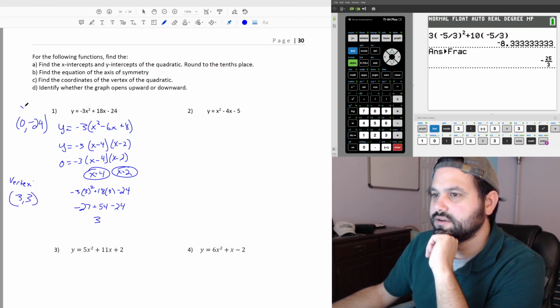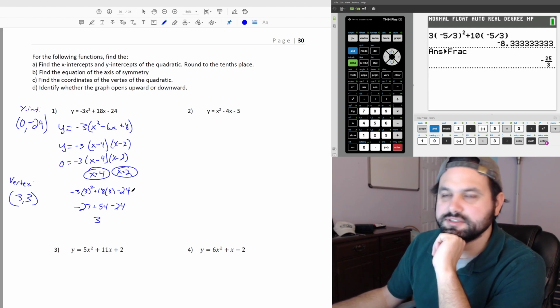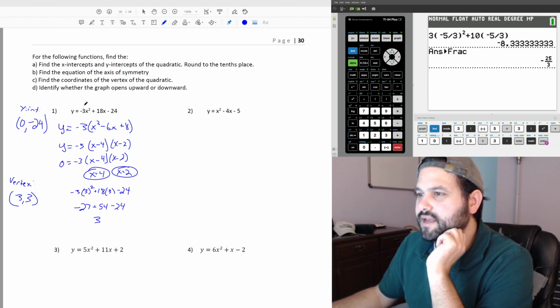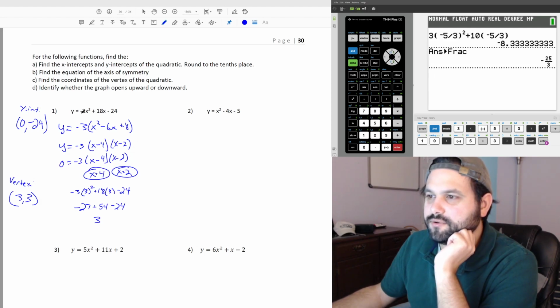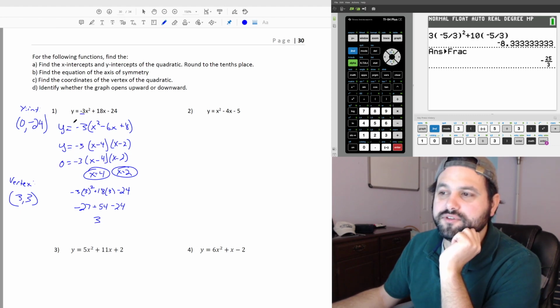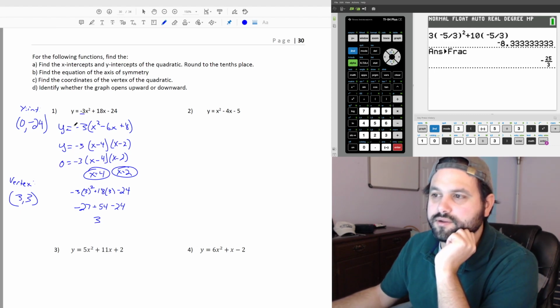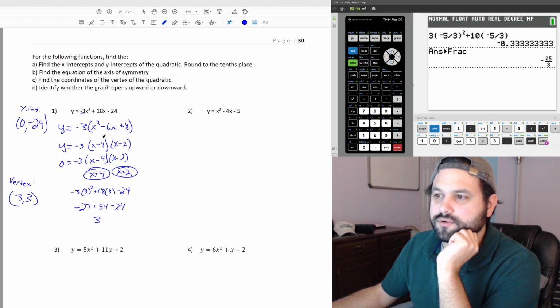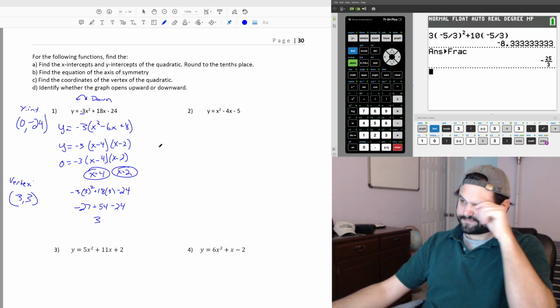And this was my y-intercept. And those are my x-intercepts. We know that. And the a value in this case is negative 3. And so this one's going to open downward. I'm just going to put that here because that's how I'm figuring it out, right? That one opens down.